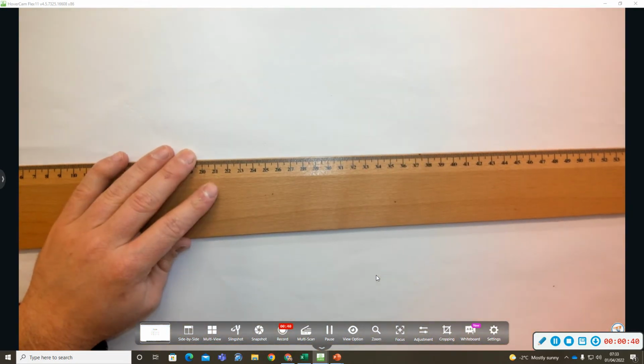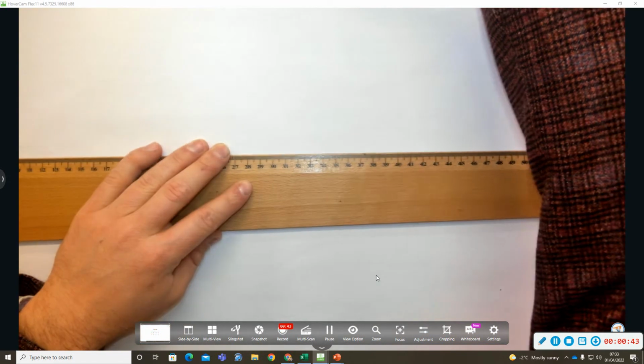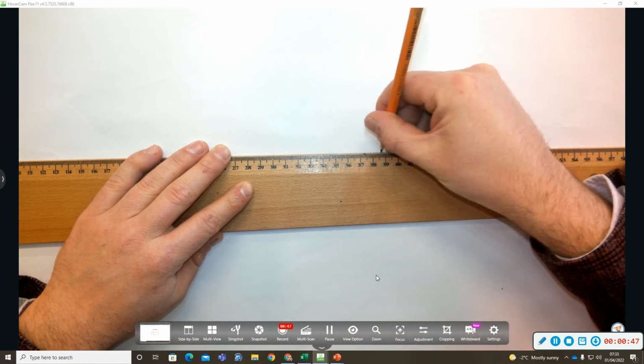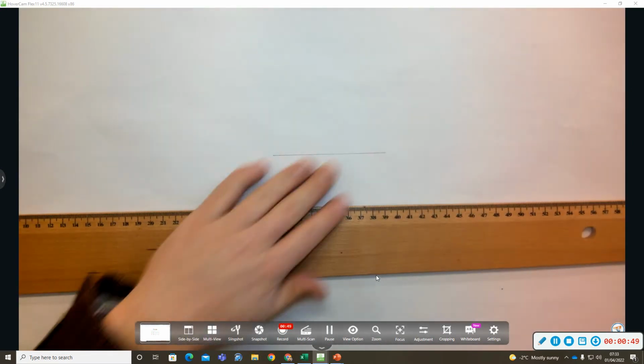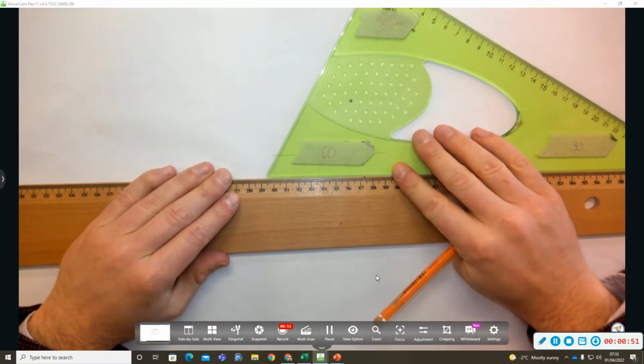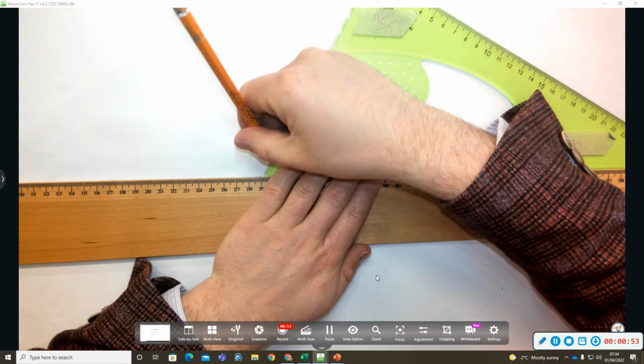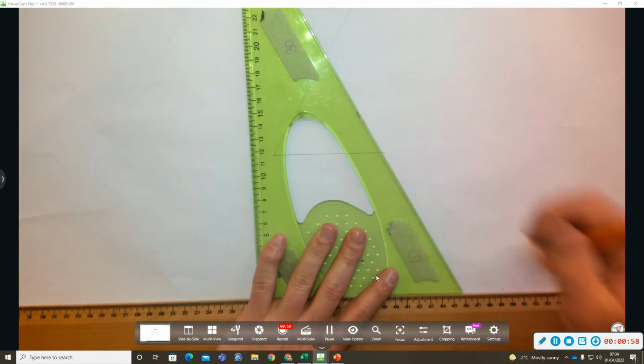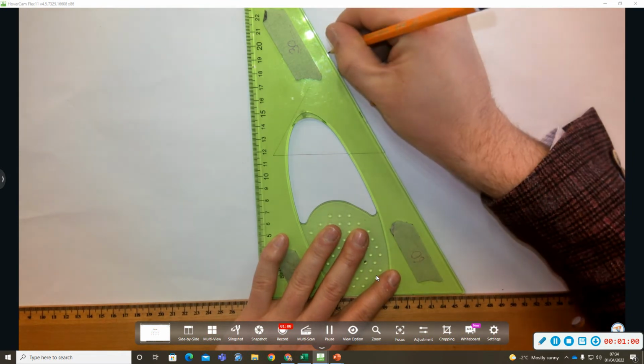Right, we begin. So, 90. So the length of the equilateral triangle is 90. Okay, we're going to get our 60-degree set square. There we go.